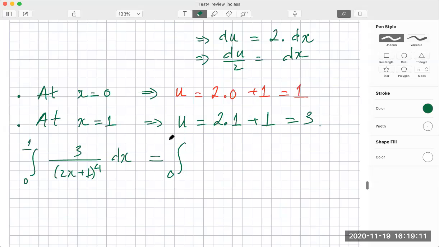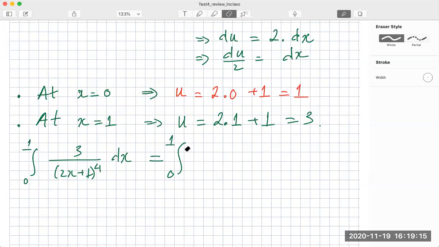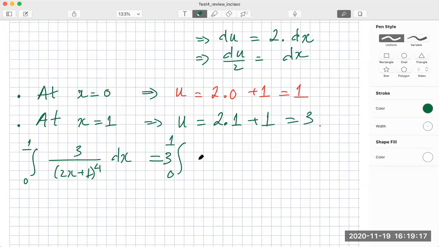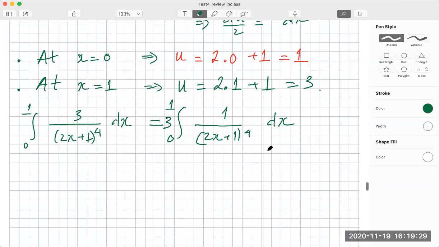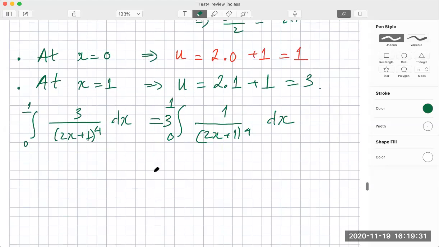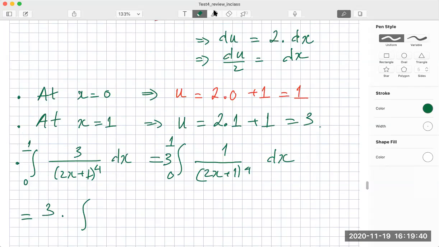So let us write everything in the same terms. Before doing that, I think it's easier to write it as 3 times 1 over (2x plus 1) to the 4th dx, right? The constant 3, we just rewrite it. Now, we change the limits.